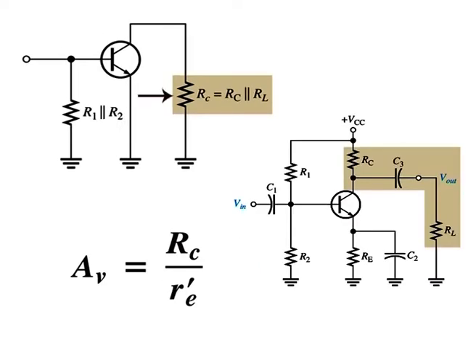When total collector resistance is less than Rc, because of RL, the voltage gain is reduced. However, if RL is much greater than Rc, the total collector resistance is approximately equal to Rc and the load has very little effect on gain.